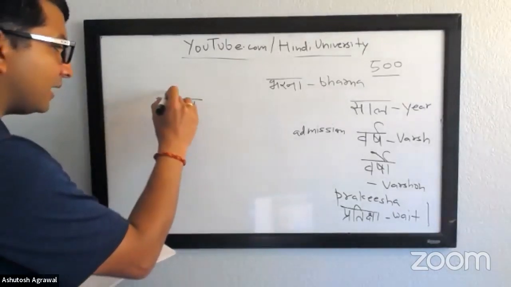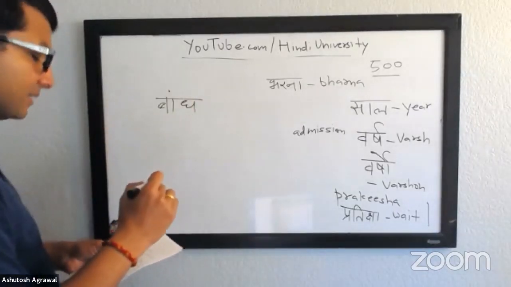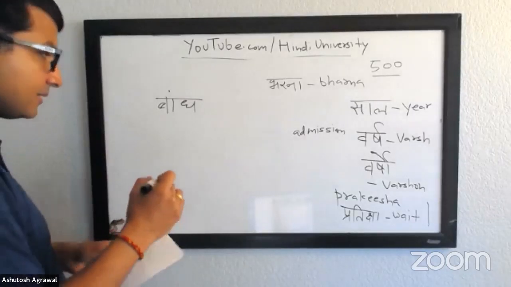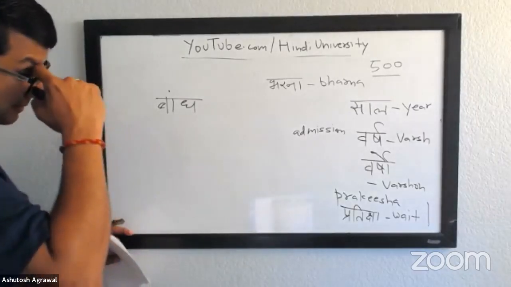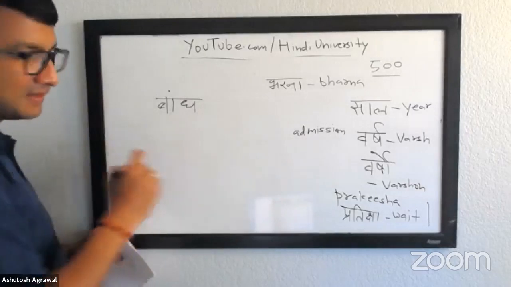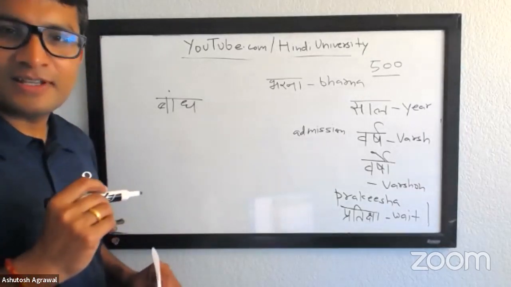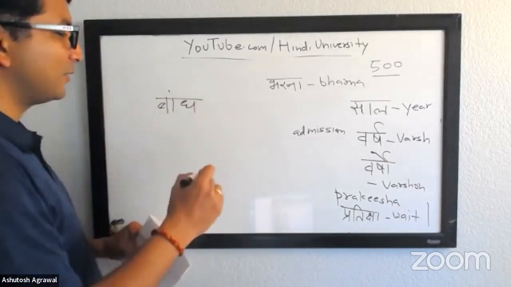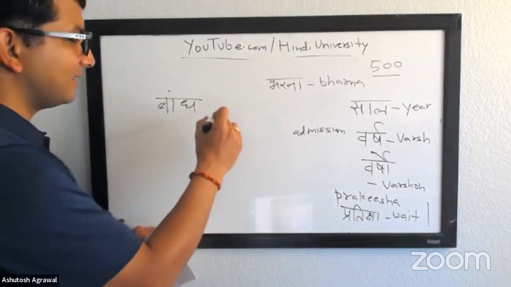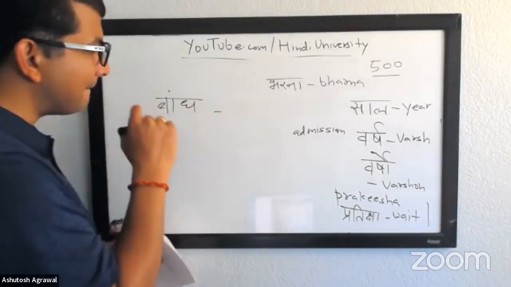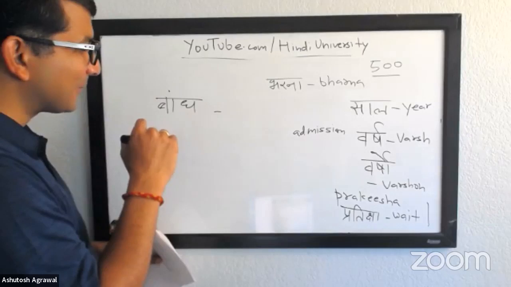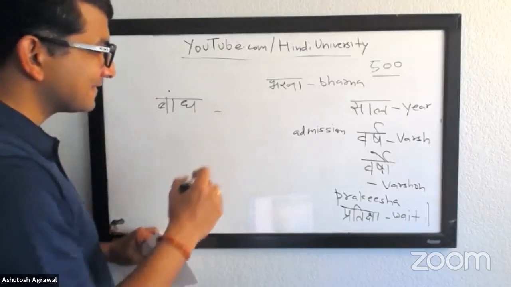B with A and then there's a nasalization and then the bandh. Anybody would like to guess? Is it just bond, like the English word for bond? No. Is it like close? To close?